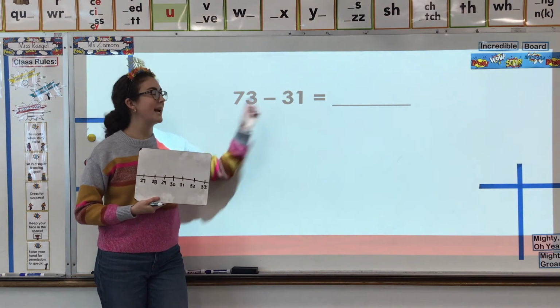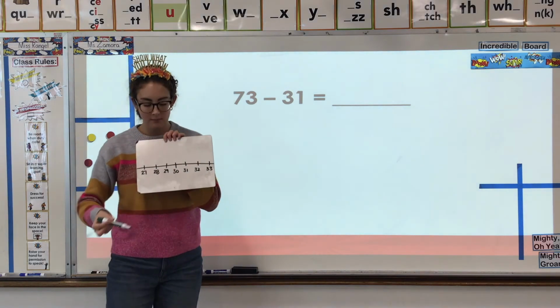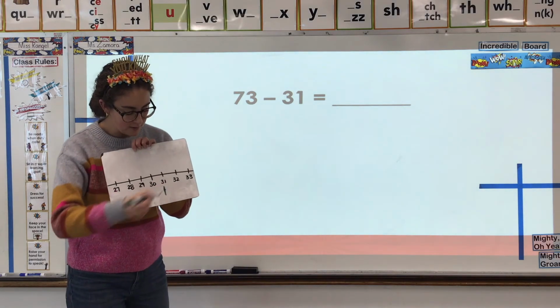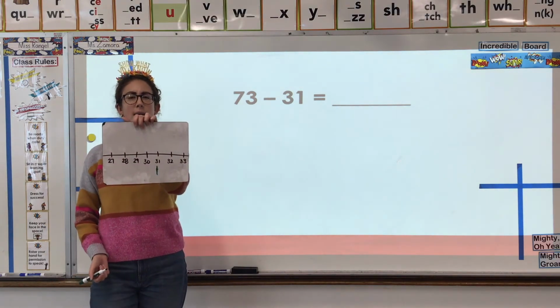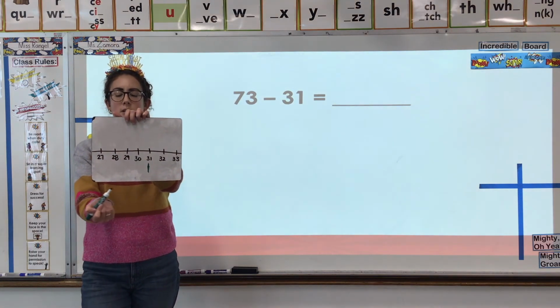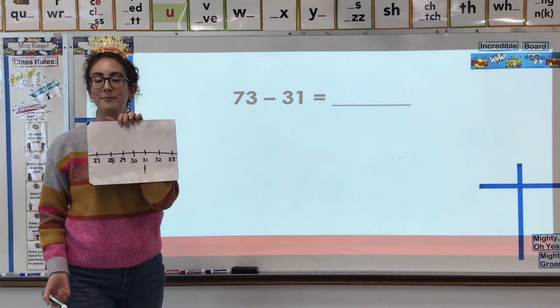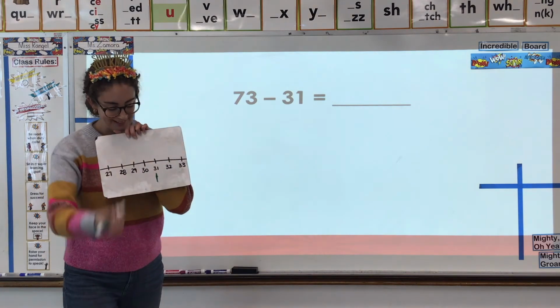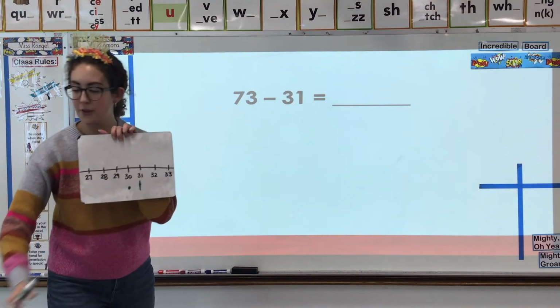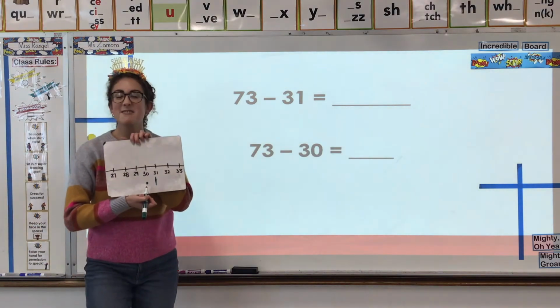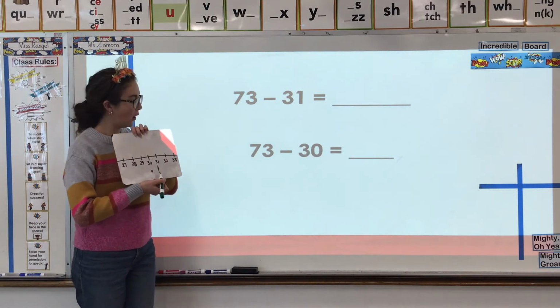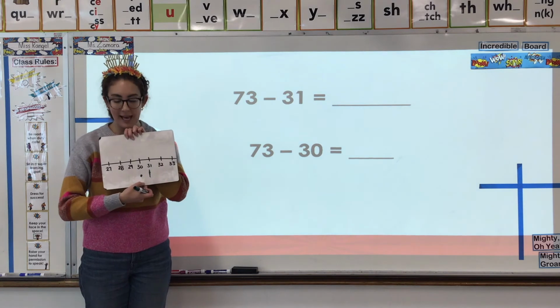73 minus 31. We've got 31 right here. How can we make it simpler for ourselves? What can we do first? We can subtract 30 because it's right next to it on the number line. We can subtract 30 instead.